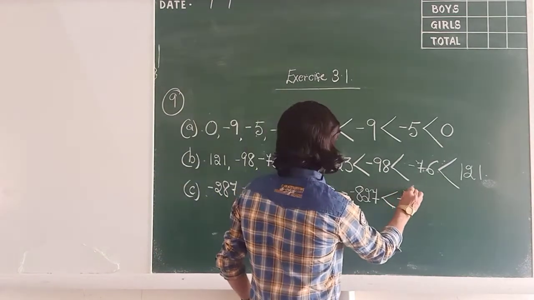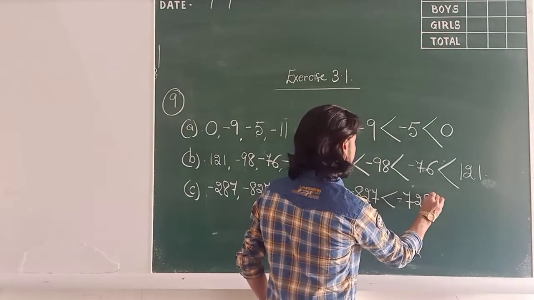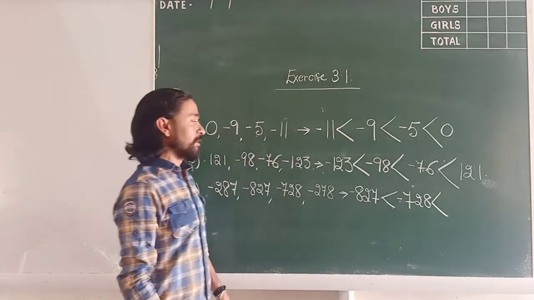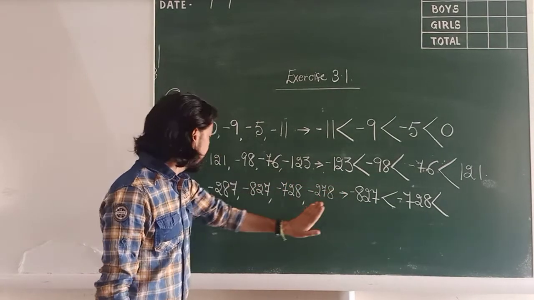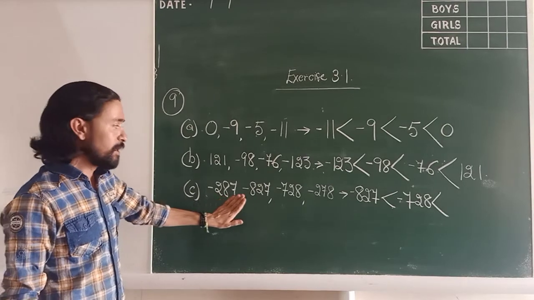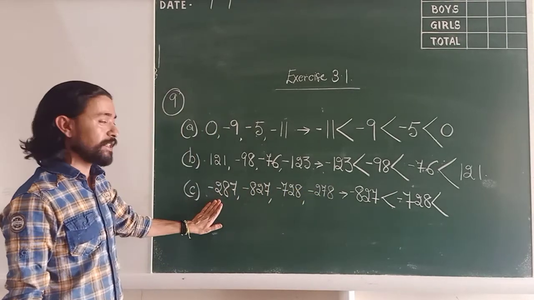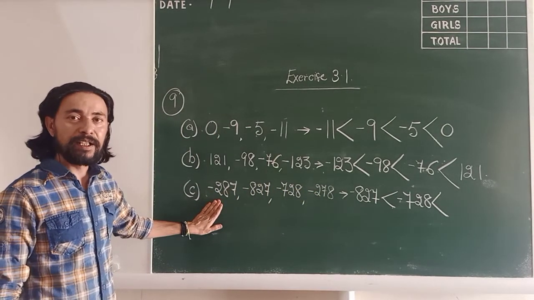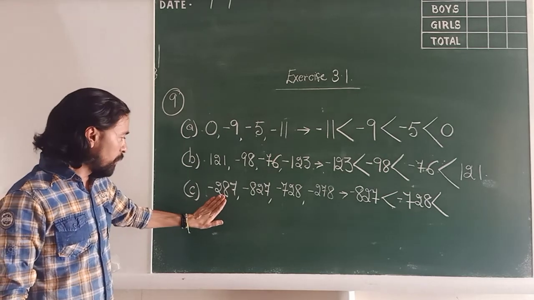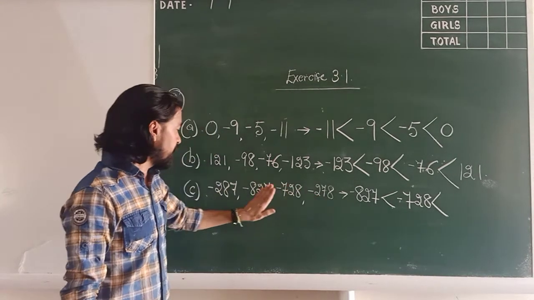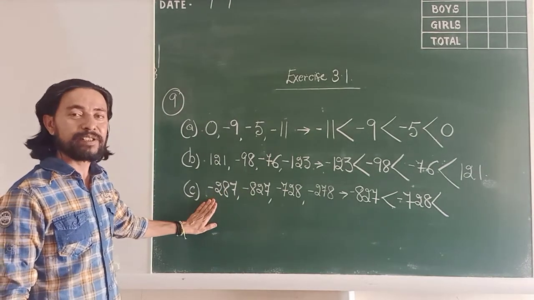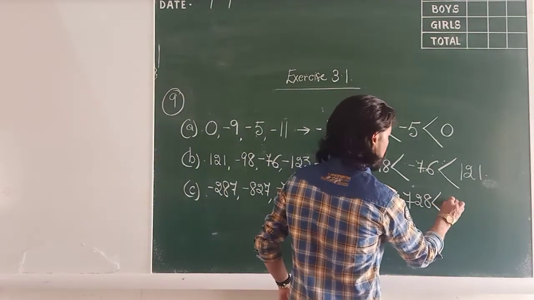So minus 728. Greater than minus 728, 7 is done. I am now left with 278 and 287. Which one is smaller? Minus 278 or minus 287? Minus 287. So then will come minus 287.